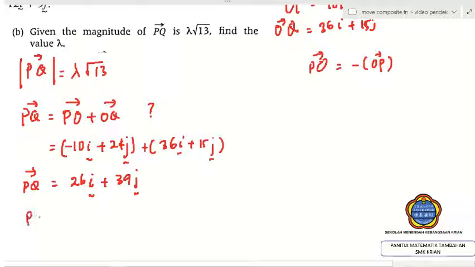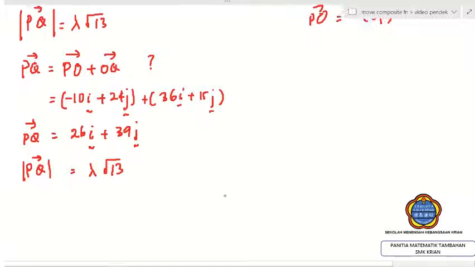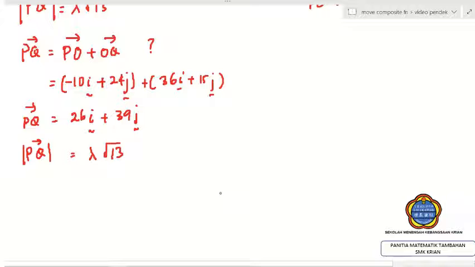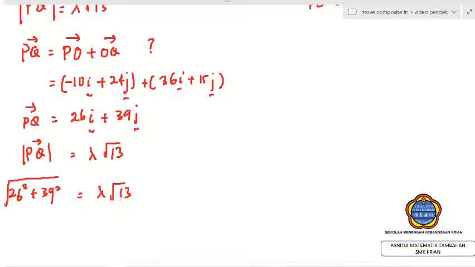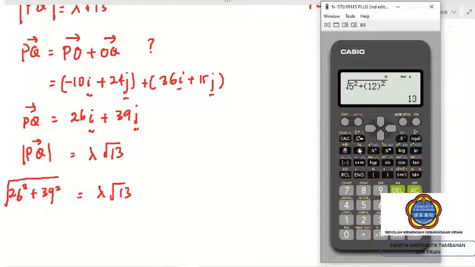Okay, where you are given the magnitude of PQ is equal to lambda 13. Okay, the question asks for lambda. Now we already know PQ, and we can get the magnitude of PQ. So it is square root of 26 square plus 39 square is equal to lambda 13. Okay, you get it from here.